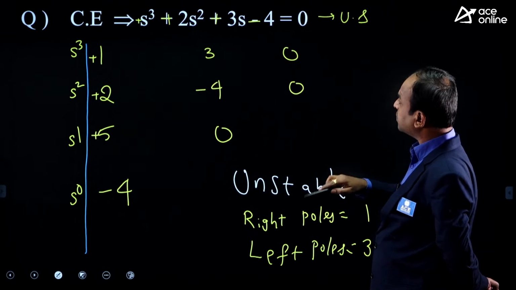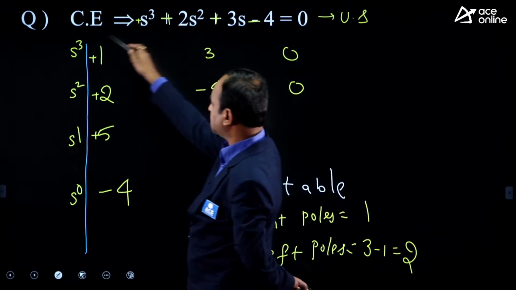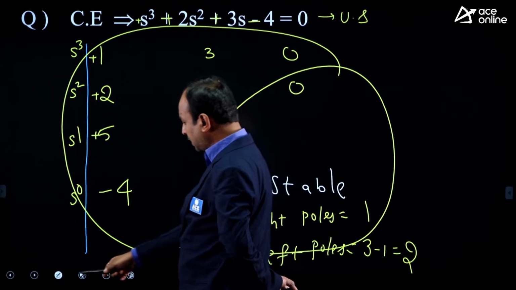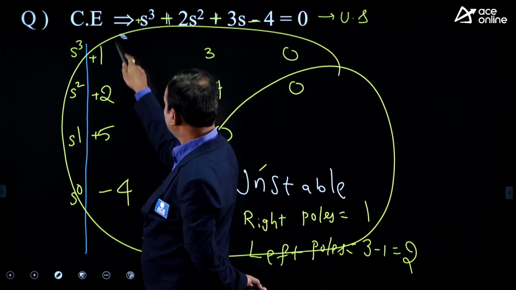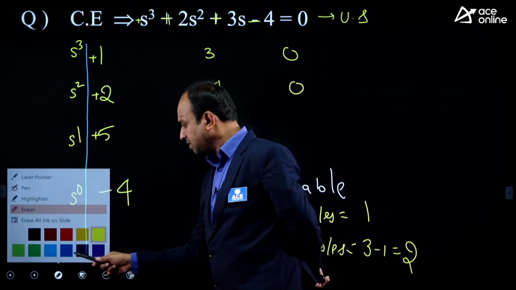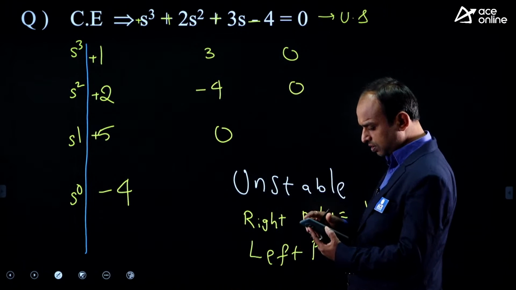Without doing the RH method, all this work is not required. So directly you can comment the system is unstable here. That is the simple technique. Now I am checking your answer.